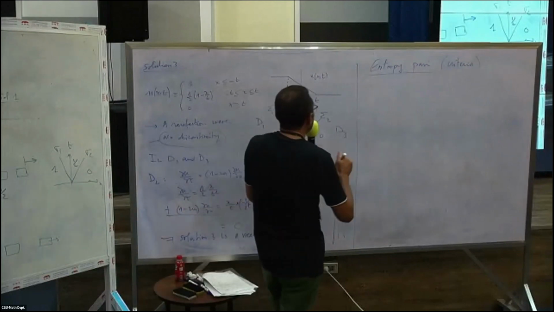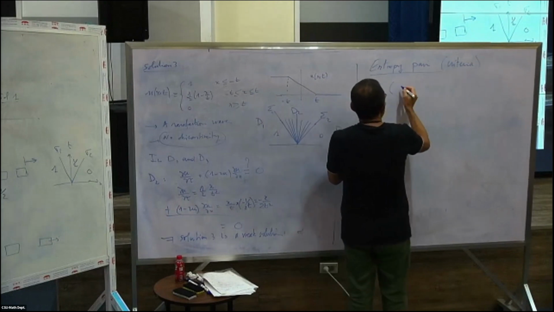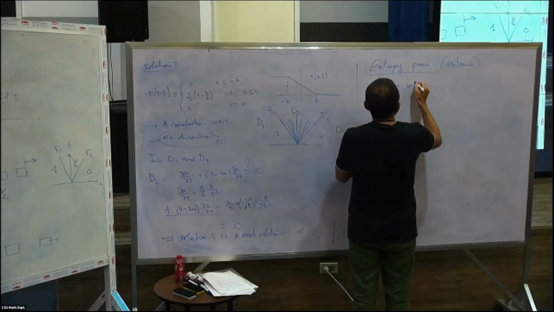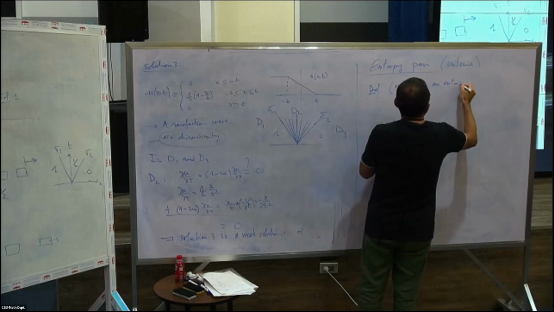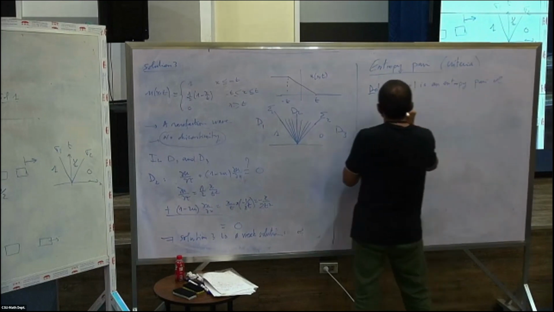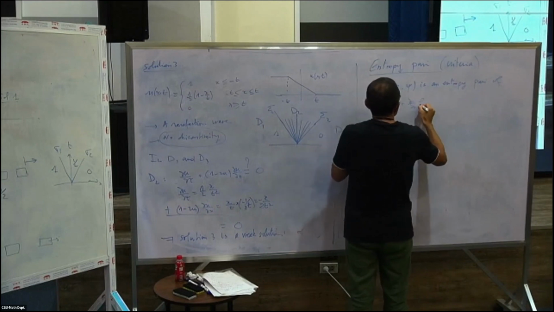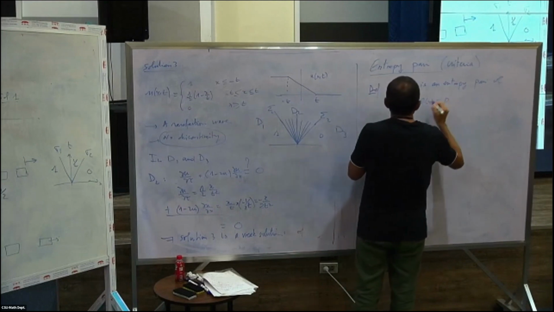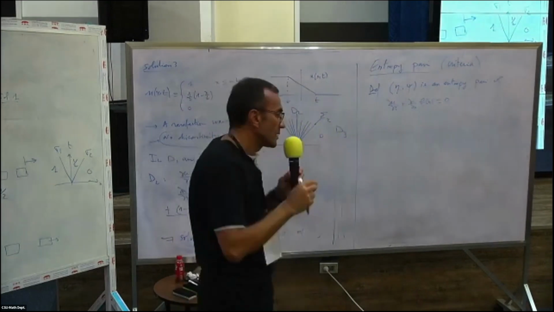Remember the definition of entropy couple: eta and psi is an entropy pair of the equation.